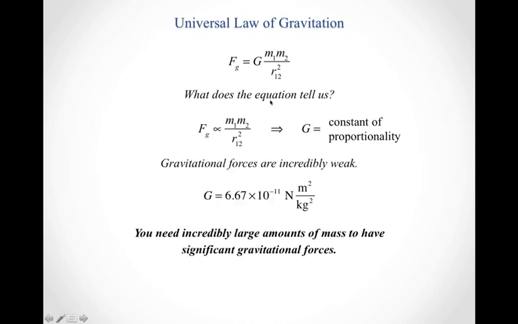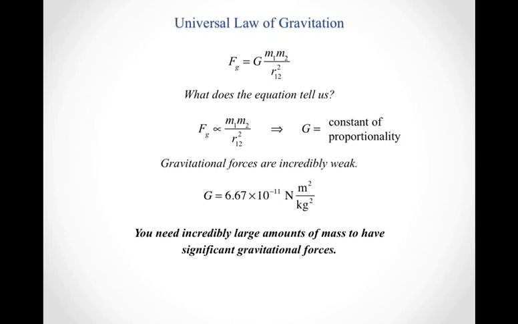The third thing that this equation is telling us is that the gravitational force is proportional to the product of the masses divided by the distance squared, and that constant of proportionality is big G. Because big G is such a small number, gravitational forces are in fact incredibly weak. Now, we don't typically think of gravitational forces as weak because if you drop anything, it falls, right?